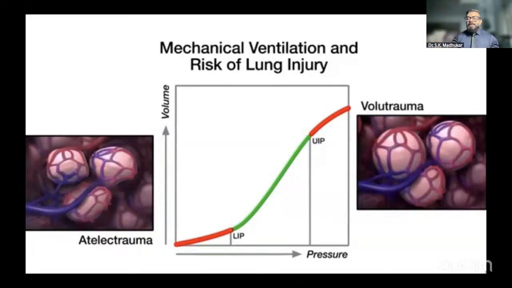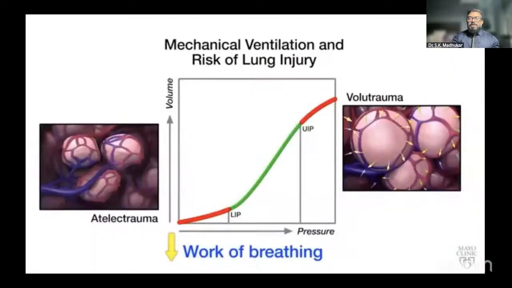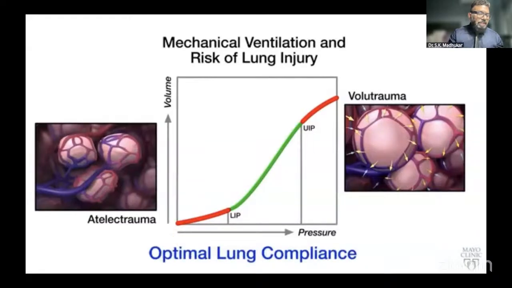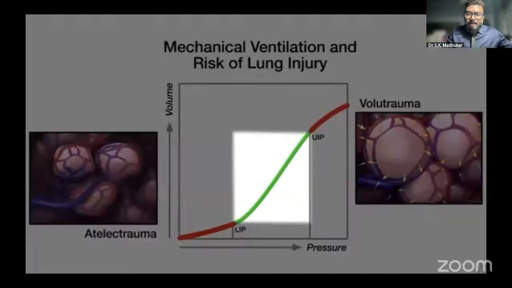Where do you want to ventilate the patient? We want to ventilate the patient in the green zone. If you ventilate the patient in the green zone, then the work of breathing will be less, and the lung compliance will be optimal. This is the area where we need to ventilate the patient.